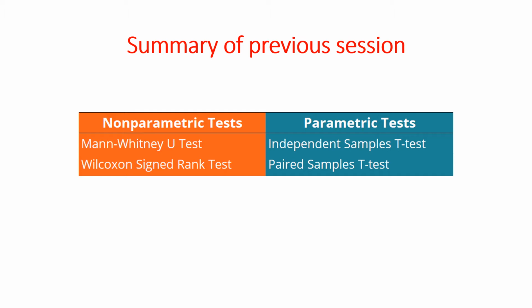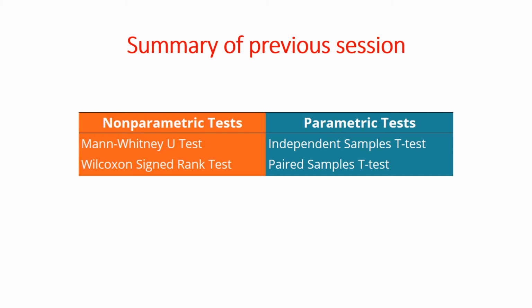Once our design is a between subject design, and there are two different groups in the design, we use the independent sample t-test as the parametric default version. If the normality of distribution assumption is violated, we can use the non-parametric version, which is the Mann-Whitney U-test.